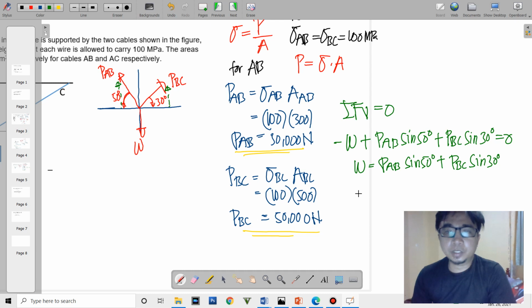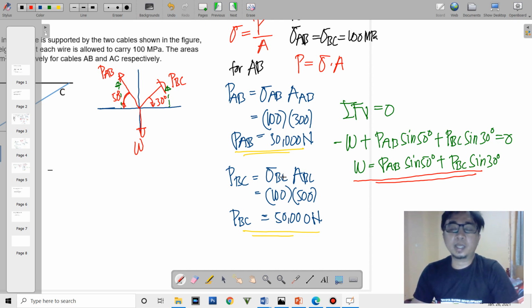So that is a wrong procedure. Okay. So the correct procedure will be until this line. So do not ever substitute what you have derived here. Okay. Because again, the failure of AB and BC will not be the same.